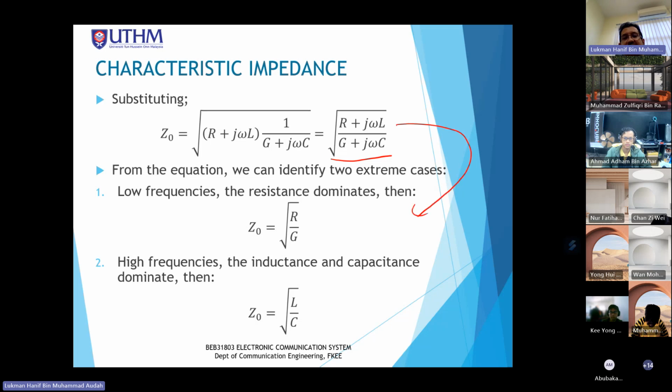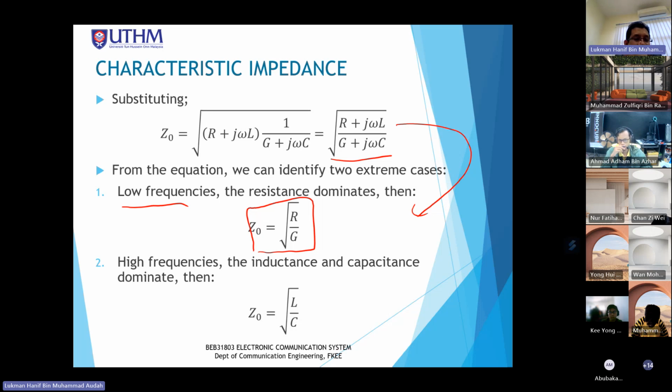The first case is when using low frequencies. Low frequencies here means a few kilohertz and below. So if the frequency of transmission is low, we can simplify the equation so that characteristic impedance equals the square root of R over G.